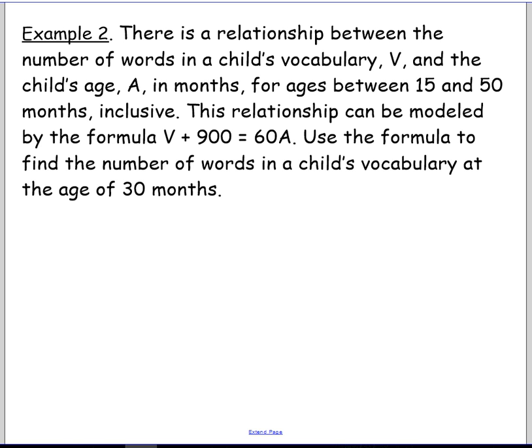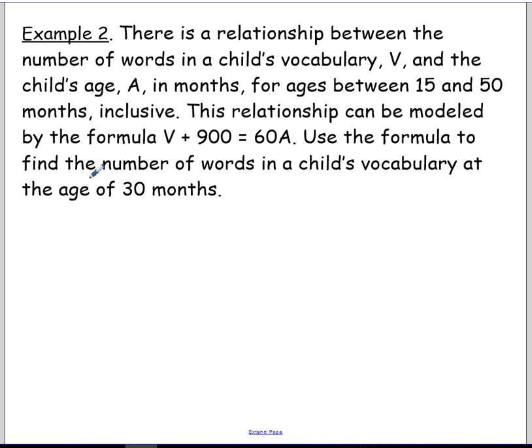Let's look at an example using a story problem. There is a relationship between the number of words in a child's vocabulary, V, and the child's age, A, in months. For ages between 15 and 50 months, inclusive means it includes the 15 and the 50. This relationship can be modeled by the formula V plus 900 equals 60A.